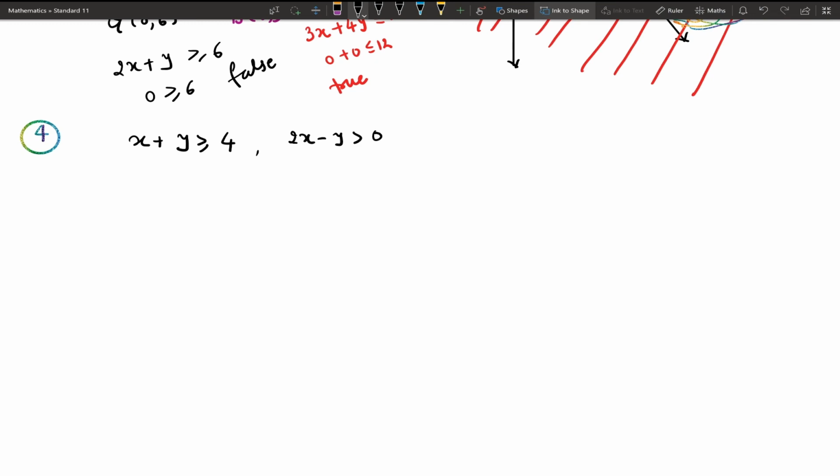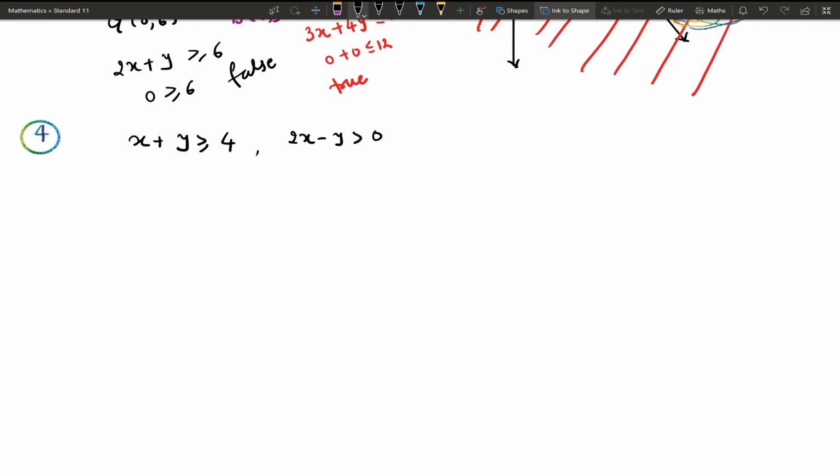In the second inequality, if we remove the inequality and take the equation by taking equality, the constant term is absent: 2x minus y equal to 0. There is no constant term. That means in a linear equation in two variables, if the constant term is absent, then the line always passes through the origin.